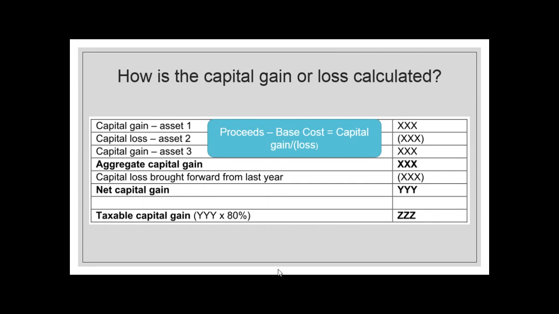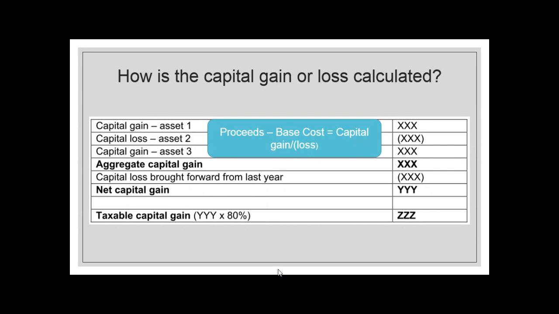But now I also have to look at whether we have any assessed capital losses. If this amount was not a gain but a loss, then I carry it over to the next year. Then I stop there. I don't do anything further.